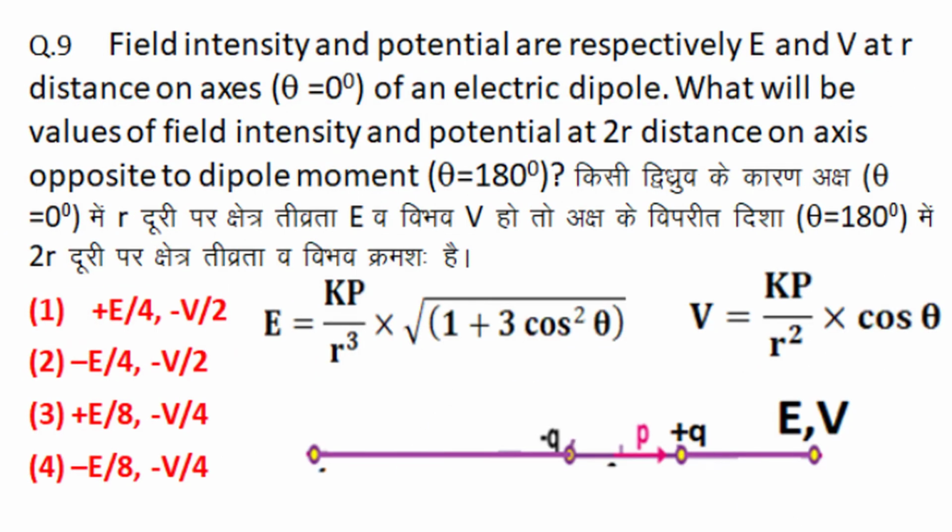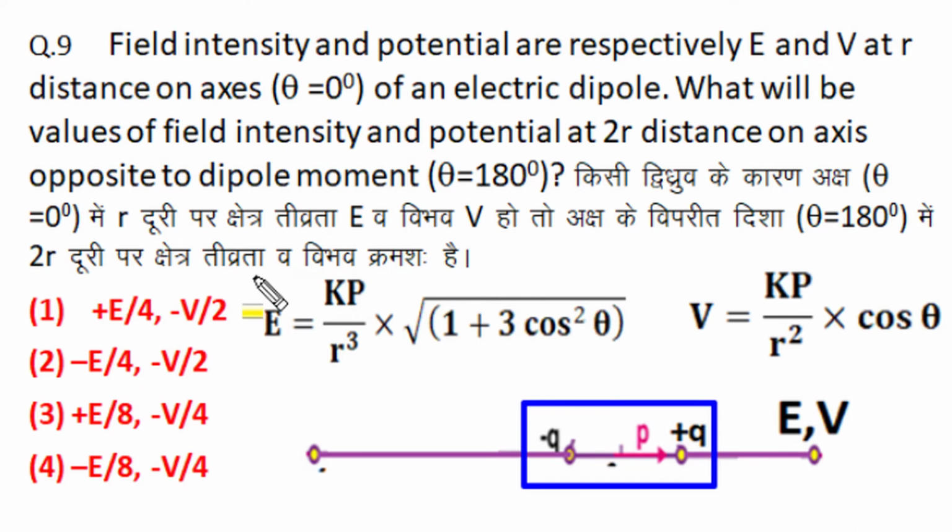In a similar type of question in the electric field of an electric dipole on the direct axis, where the position vector makes angle theta 0 with the dipole moment, at r distance the electric field intensity is capital E and potential is capital V, and we have to find the electric field and potential at 2r distance in the opposite direction of the dipole moment with angle theta 180 degrees.